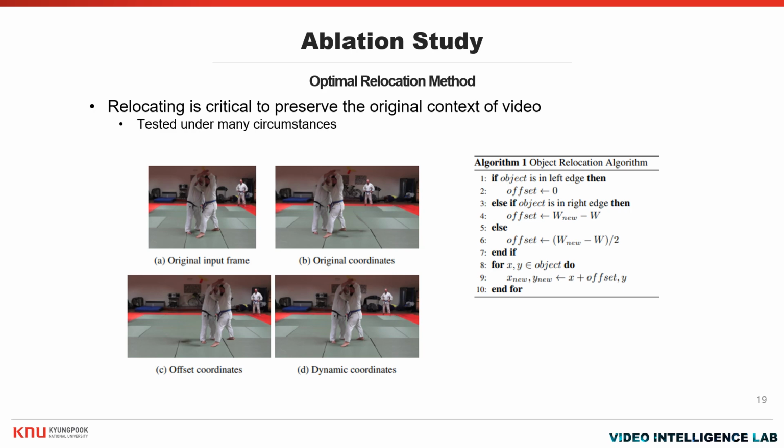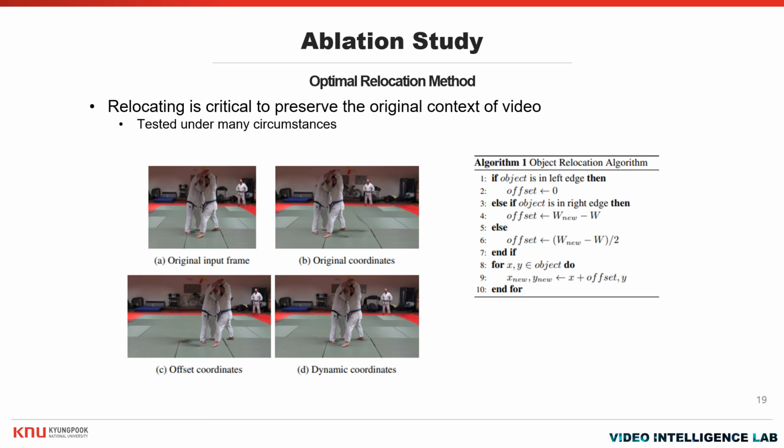We tried several methods to determine the proper location when relocating the object to the retargeted background. With the original coordinates, we place it at the coordinates of the original image. Because the background is retargeted, the object is skewed to the left.